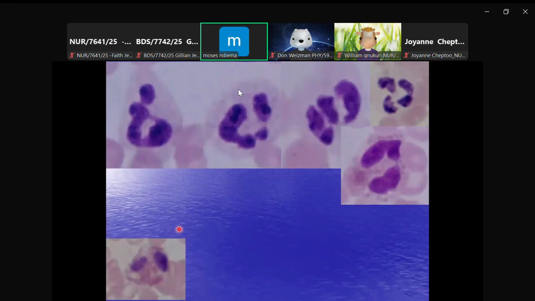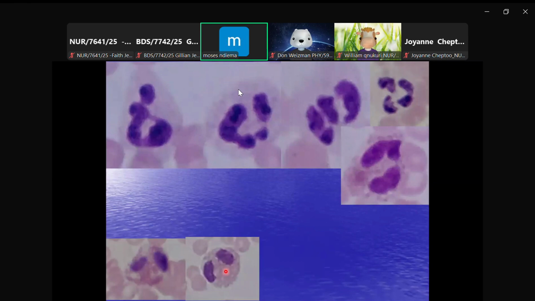So we talked about the nucleus being indented, folded, but it's very large. Now, when it leaves circulation, it can either be fixed like a microglia in the brain, which is a macrophage originated from a monocyte.